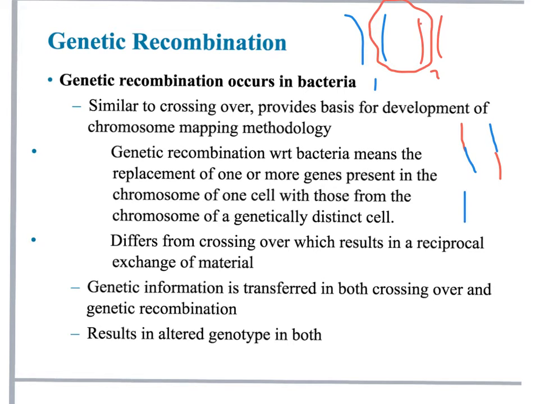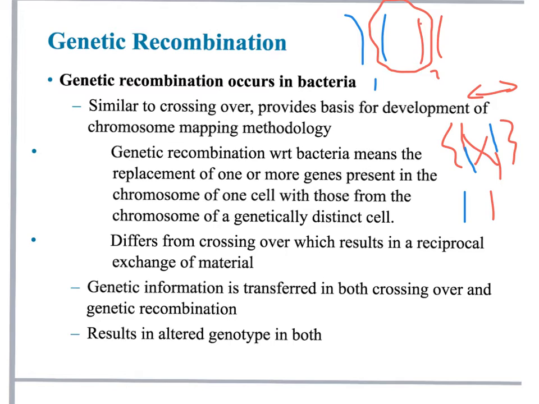So instead of having a blue and a red, we now have a combination of each. It could be this way, or it could be this way here. It could be any different combinations to exchange that material. So the bacteria genetically recombine in a way that's similar to crossing over, but it's different though.